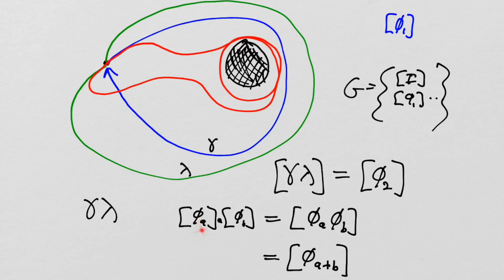And that would have been phi 1 multiplied by phi minus 1, which would have been phi 1 plus phi minus 1, which would have been phi 0.